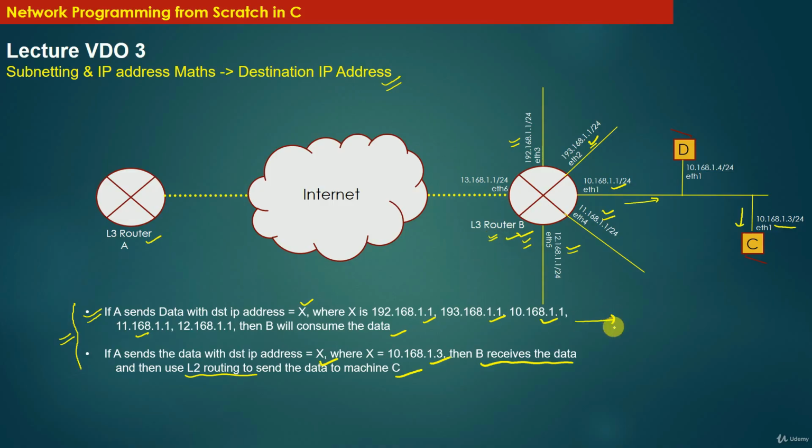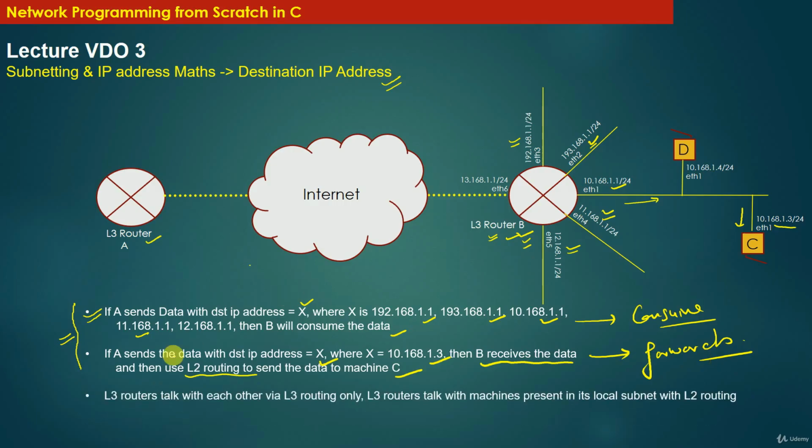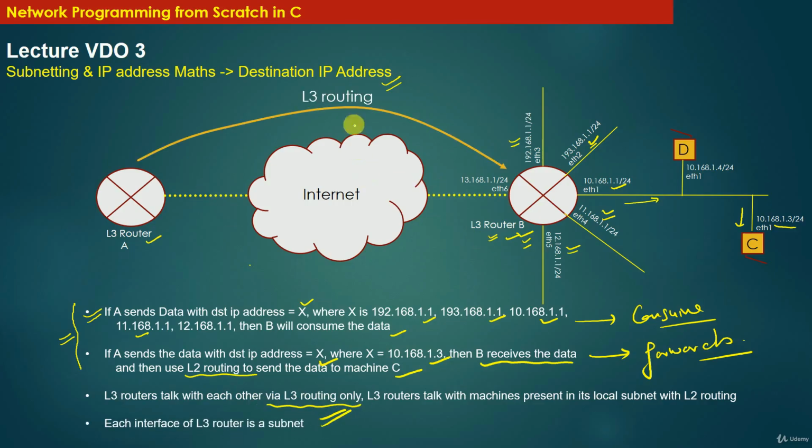So if condition 1 is satisfied, the data will be consumed, and if condition 2 is satisfied, then the L3 router further forwards the data using L2 routing in its local subnet. So L3 routers talk to each other using L3 routing only, whereas L3 routers talk with machines present in their local subnet using L2 routing.